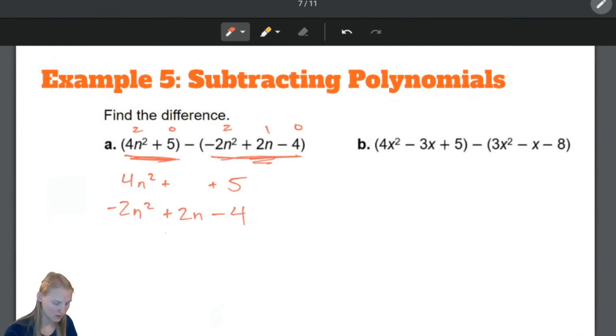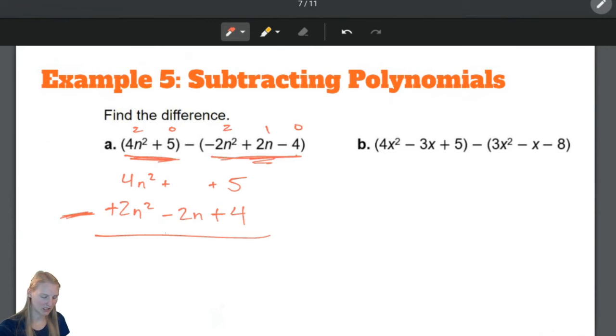So now we are going to subtract these. But remember that when I subtract a negative, this becomes a positive. And when I subtract a positive, this becomes a negative. And when I subtract a negative, it becomes positive.